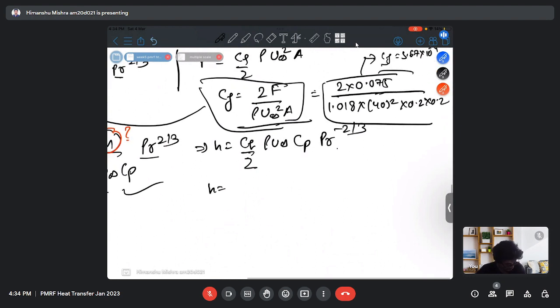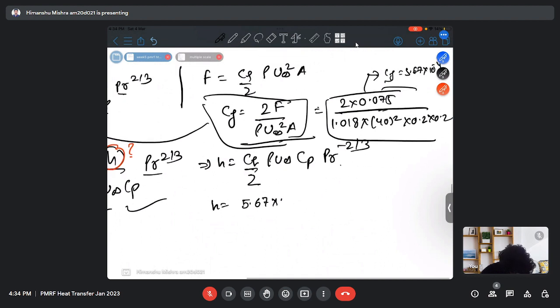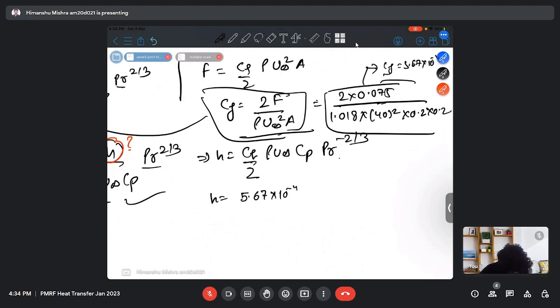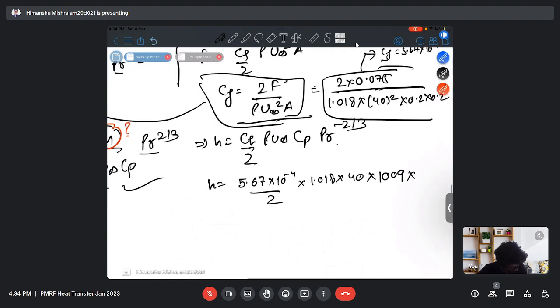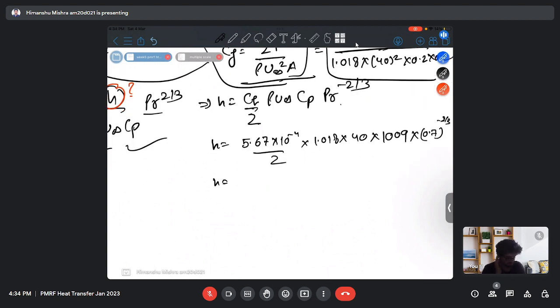So I can use this Cf value here. My specific heat is this, and my Prandtl number is 0.7 to the power 2 by 3. On calculating this, my heat transfer coefficient will be 30 watt per meter square Kelvin.